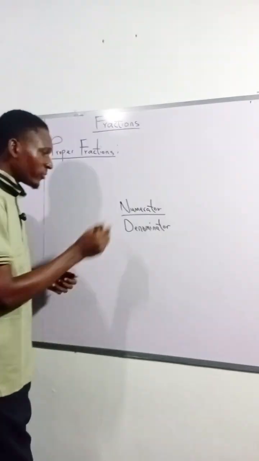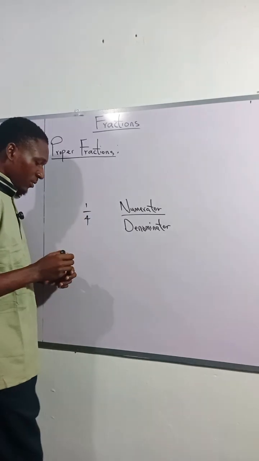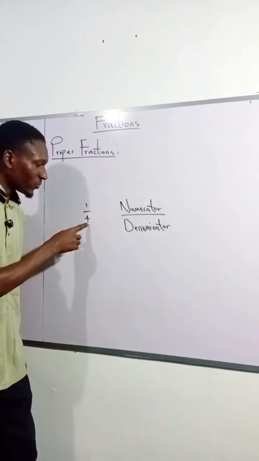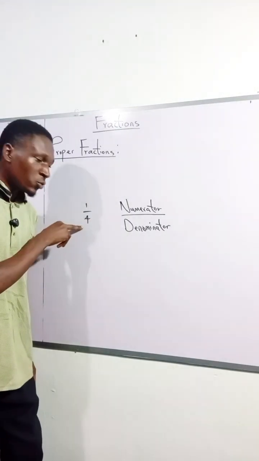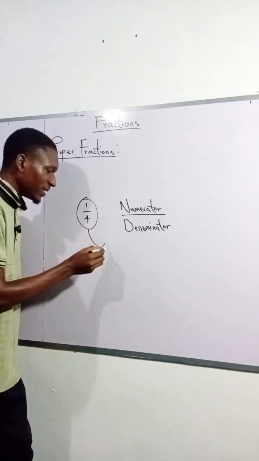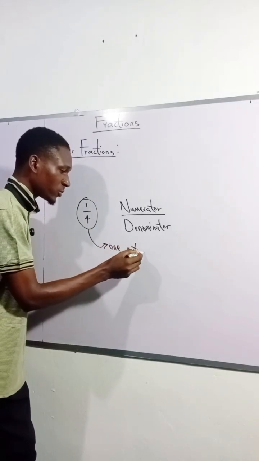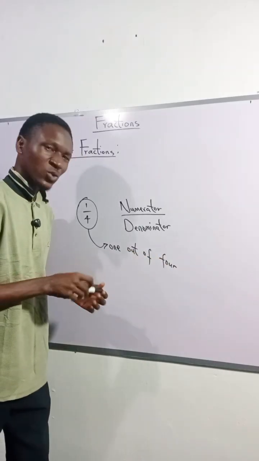Now, when I give you a fraction and I say an example of a fraction is 1 out of 4, what does it mean? It means I divided something into 4 and I took 1 out of 4. That means this number here is telling me 1 out of 4, which is quite okay.